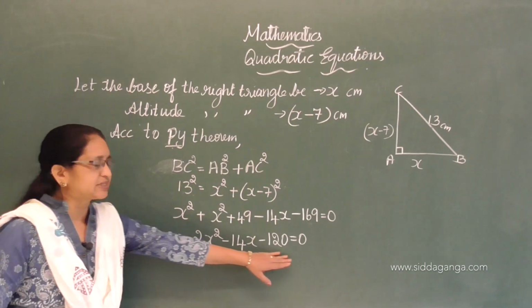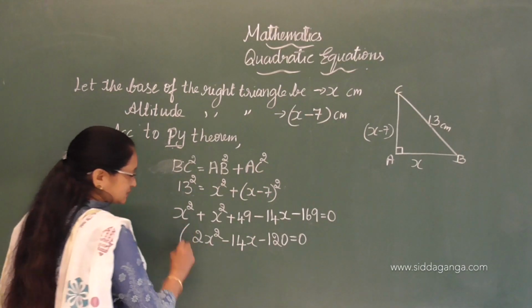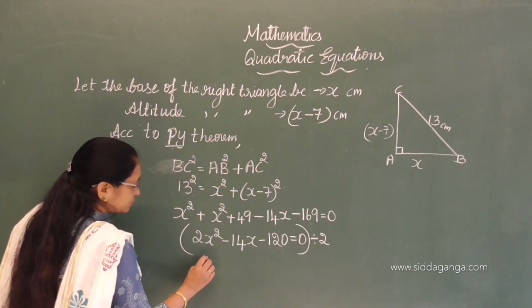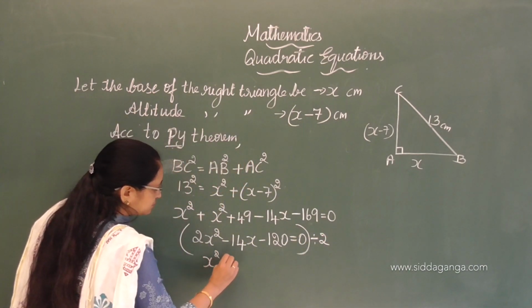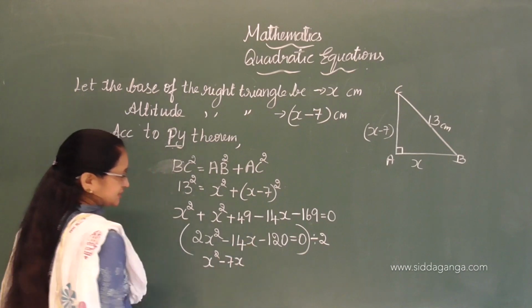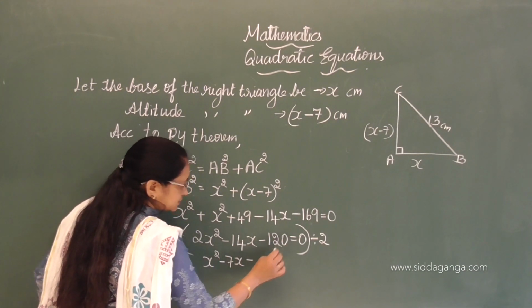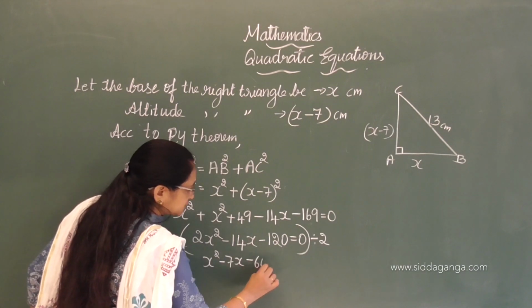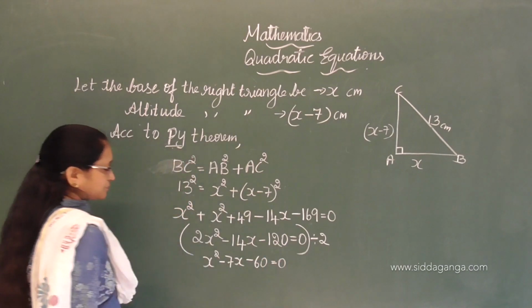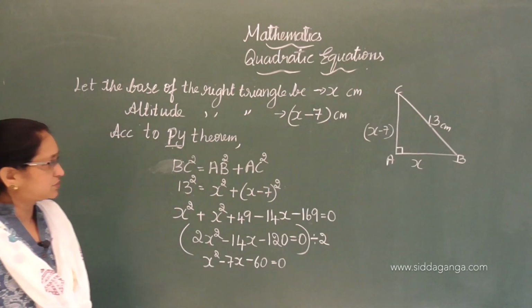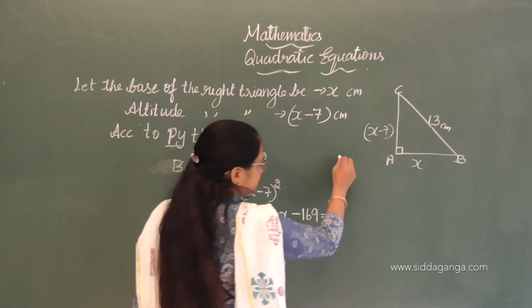I think here also we can simplify. So, let us divide the whole equation by 2. So, what you will get? X square minus 7x minus 60 is equal to 0. Okay, x square minus 7x minus 60 is equal to 0. Now let us try to solve here.